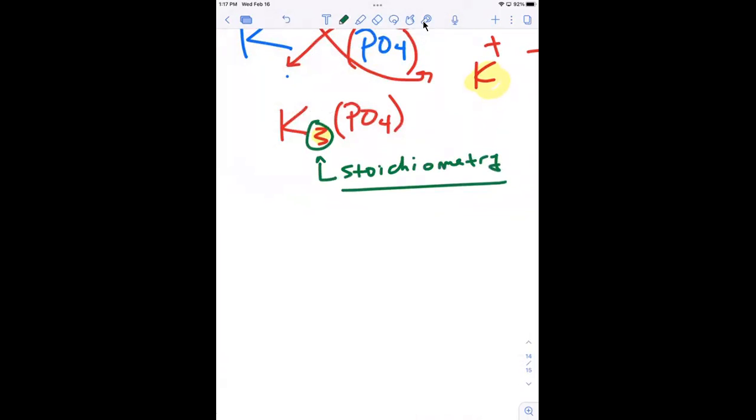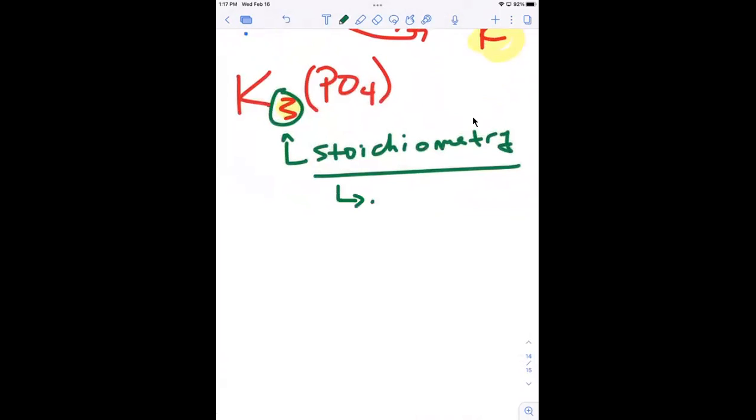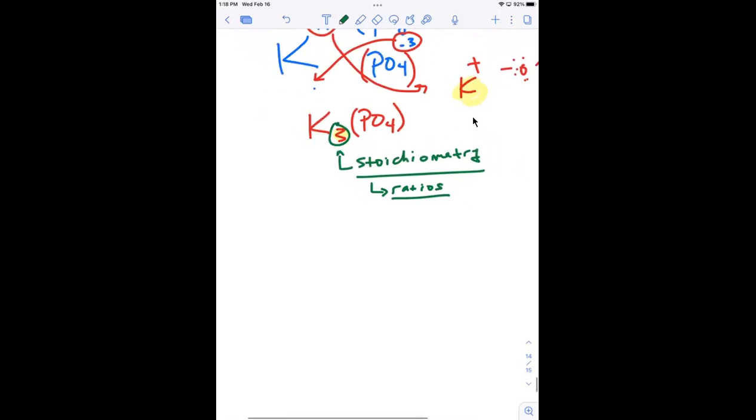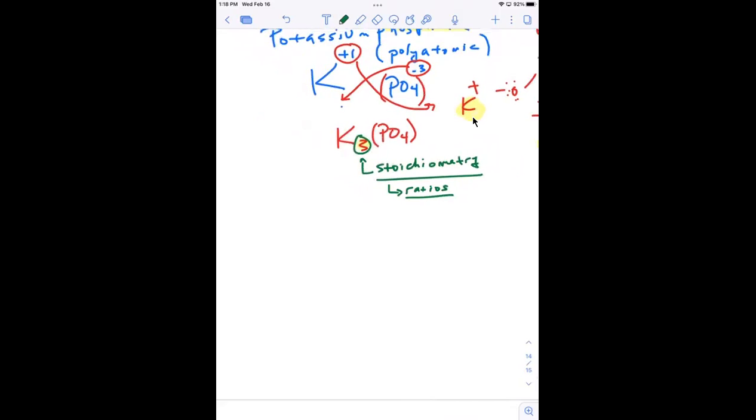So we're going to talk a lot about stoichiometry later, but it's really dealing with ratios of either compounds relative to one another, or in this case, the ratios of atoms in this compound. So I'm going to leave this definition right here, just ratios. Just think about ratios. And here we could say that the ratio of potassium to the phosphate anion is 3 to 1.